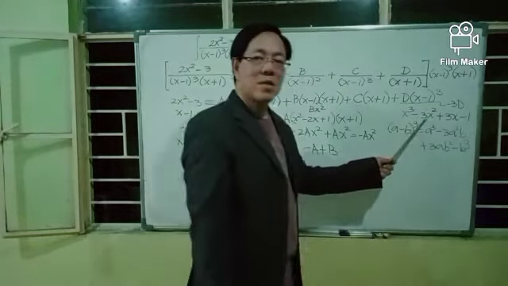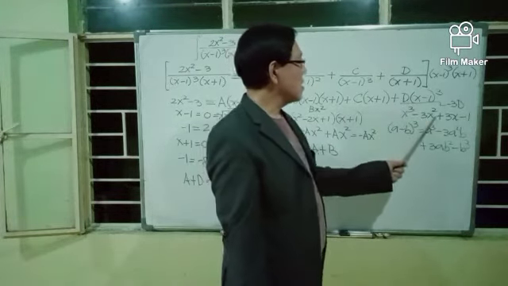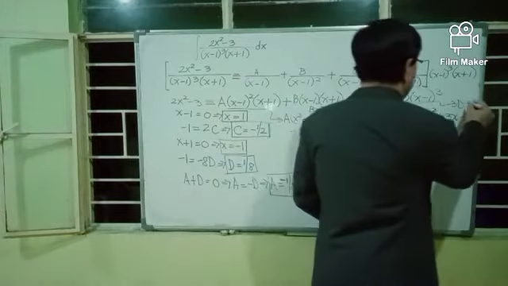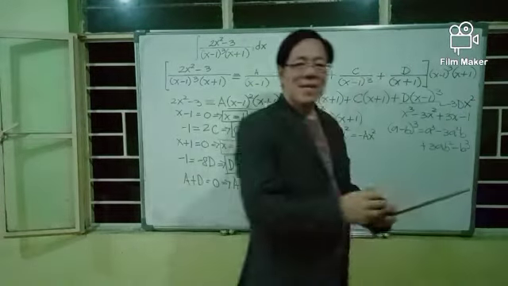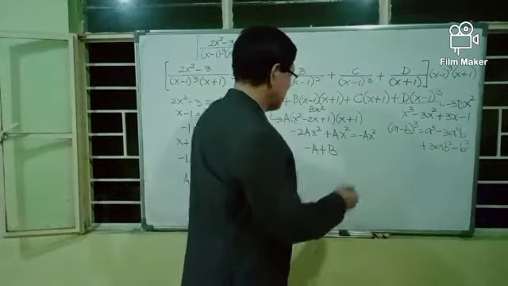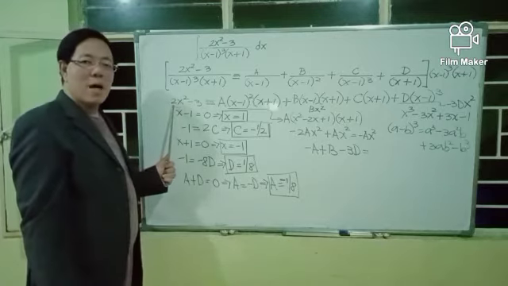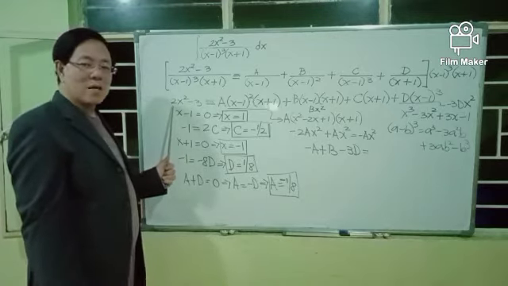We have minus 3x squared multiplied by D, that's minus 3Dx squared. And the coefficient of x squared is minus 3D. This coefficient of x squared, at the right hand side, we equate to the coefficient of x squared at the left hand side, which is 2.